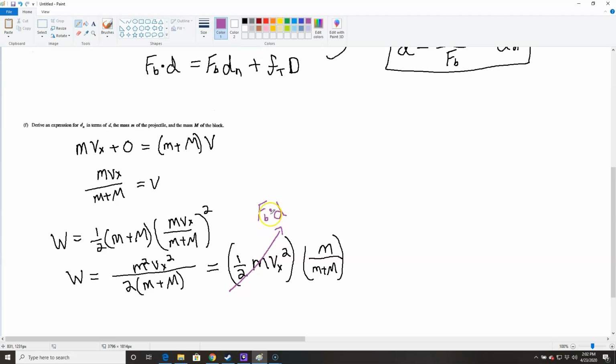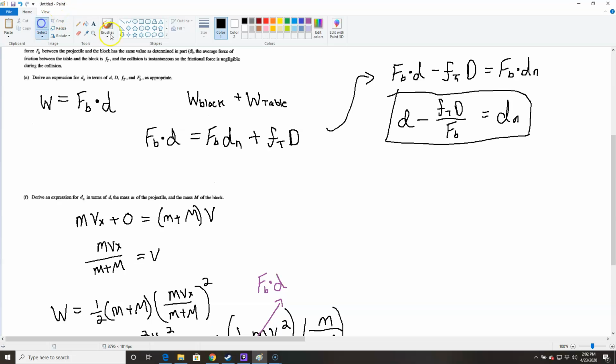In order to stop it, the work done on it was FBD. D being the original distance when the block was secured to the table. So that's half of what I need, which is already stressful enough. The second half of what I need is right here.